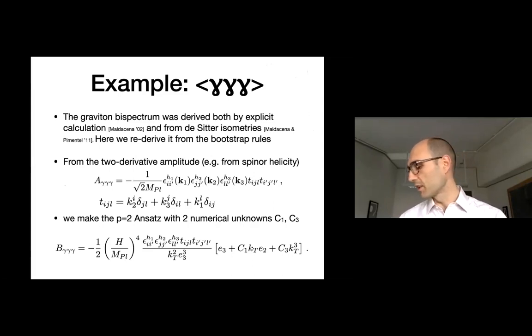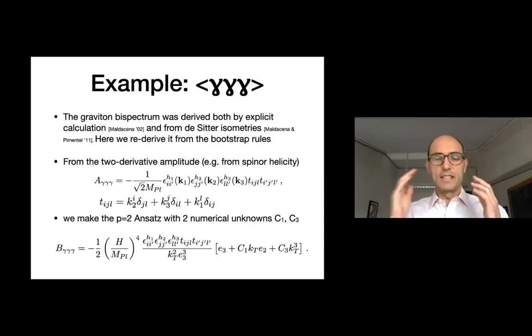So here I'm only deriving the idea that you start from a Lorentz invariant amplitude and you get the boost invariant bispectrum. But you might as well start with any amplitude, and then you get all the possible bispectra. And I'll comment on this in more detail.